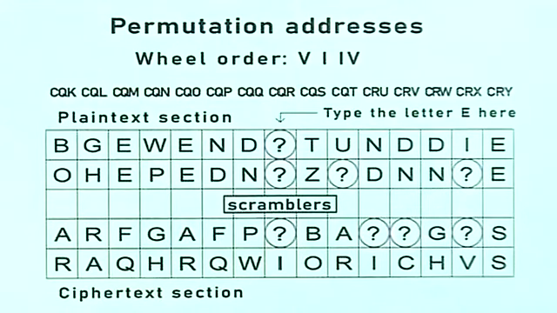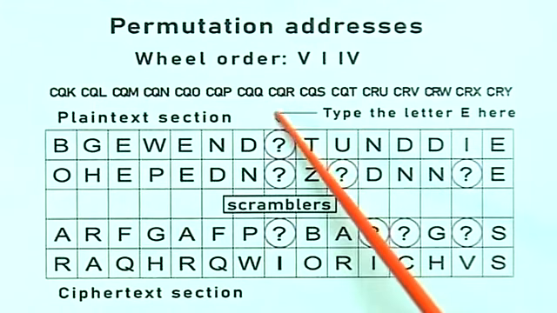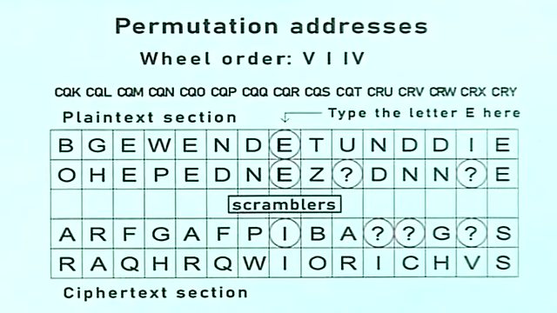If I type in the missing letter E here, the following will happen. Because the letter E is not plugged, the letter E will also go directly to the scrambler with the permutation address of the imaginary electrically active rotor position CQR at this point.